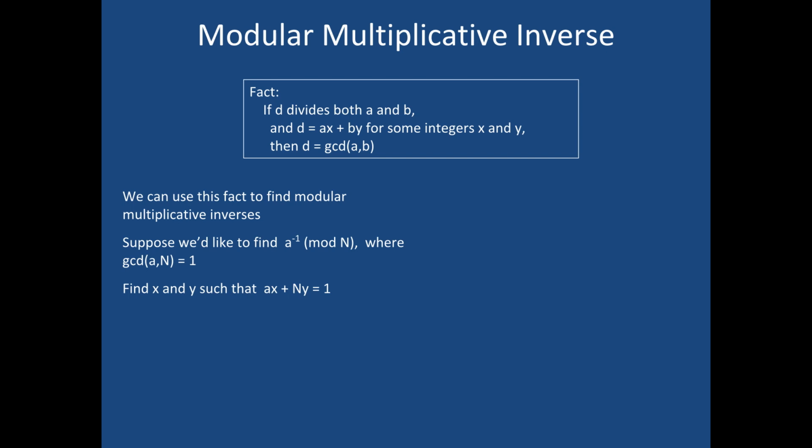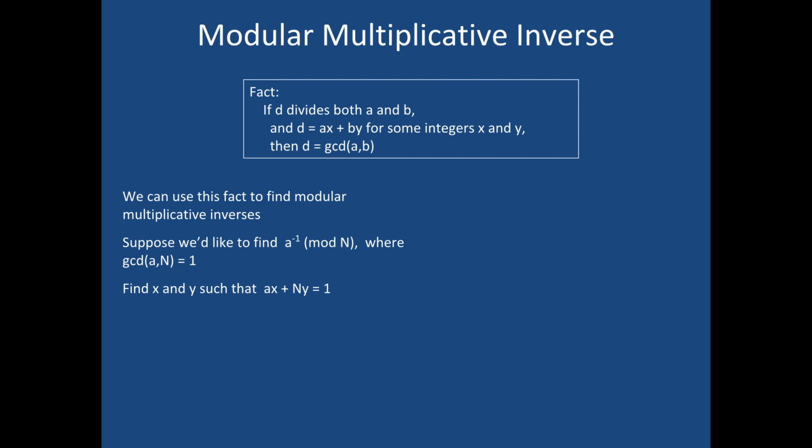Now, where did that statement just come from? How do we know that x and y exist? How do we know we'll be able to do this?